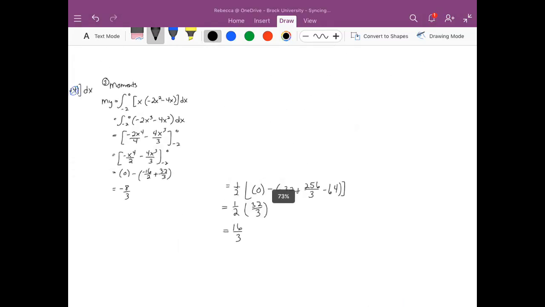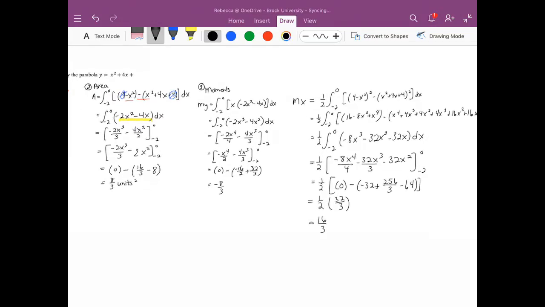So now I have my two moments. I have my area. So I'm going to use all of this to write my final centroid. So your last step is your centroid. So your x value is going to be your My divided by the area.